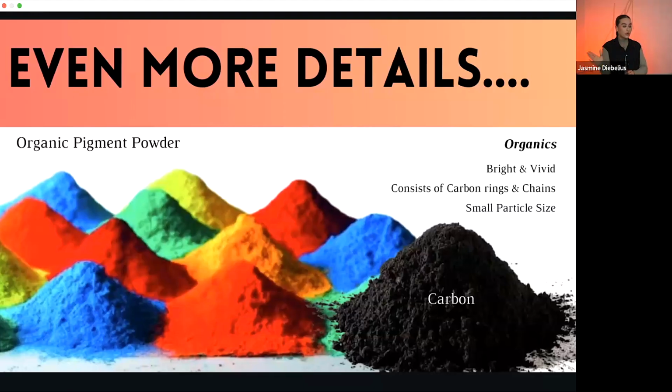There is not one wrong or one right thing to use. We're going to go more into that as we go along. It's just important to understand the difference. So organics are more bright and vivid with smaller particles, and inorganics are the opposite, with larger molecule sizes, more dull and earthy.